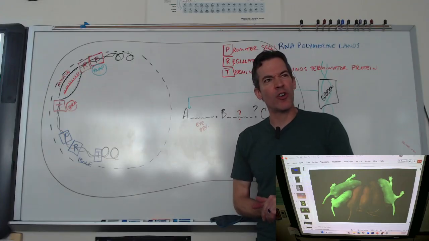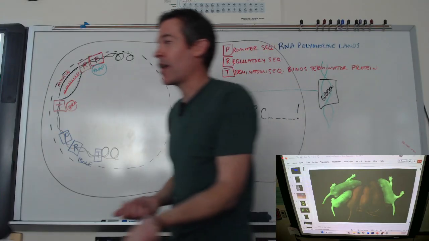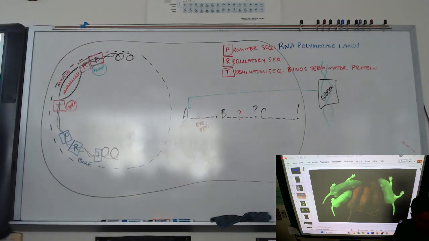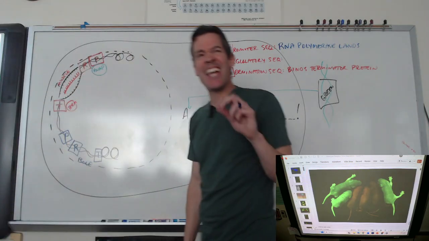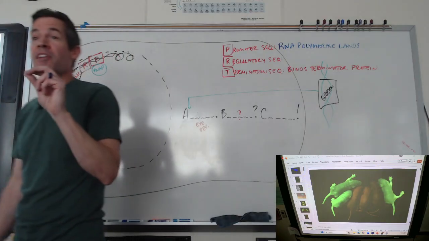All right. There was also a difference of the sugar. What was the name of the sugar in DNA? Deoxyribose. And then what about RNA? What's the name of the carbohydrate in RNA? Ribose. So the sugar in DNA and RNA are very slightly different. U's and T's are very slightly different.